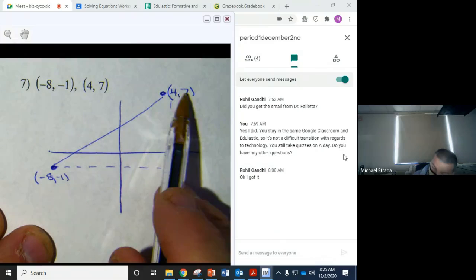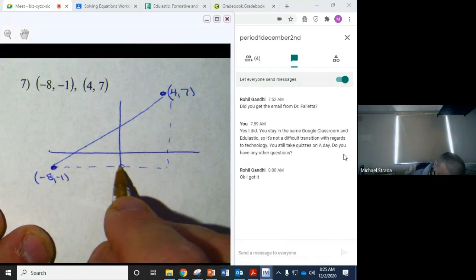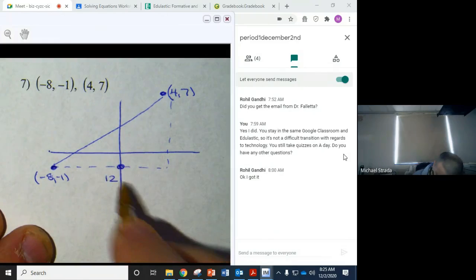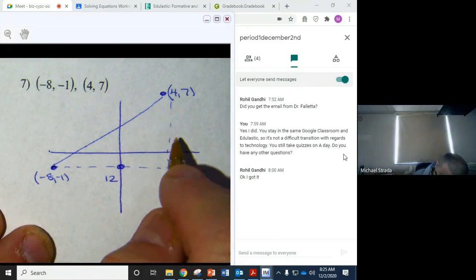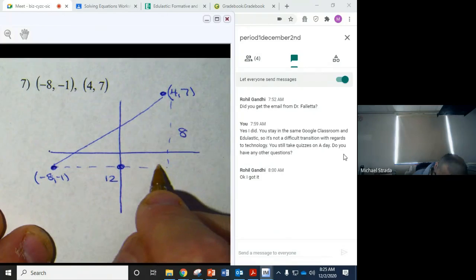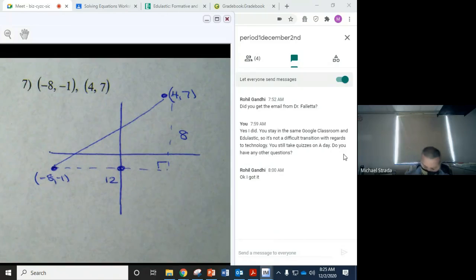From negative 8 over to 4, realizing you're passing through 0, is 12, because that's 8 and that's 4. From negative 1 to 7 is 8, so realize you're passing through 0. But now I have a right triangle with side lengths of 8 and 12.